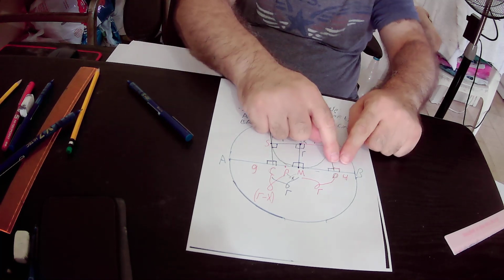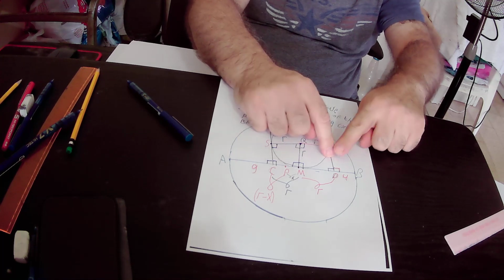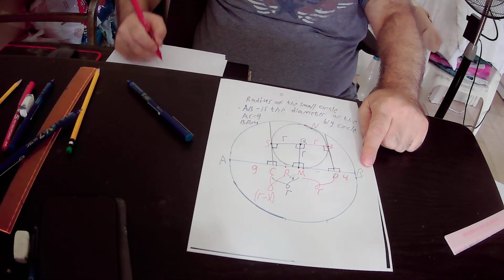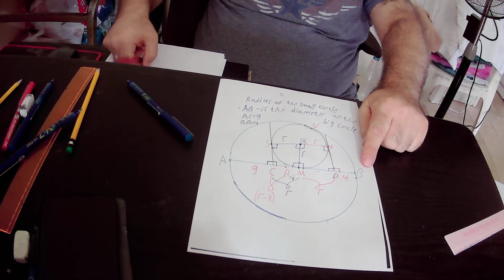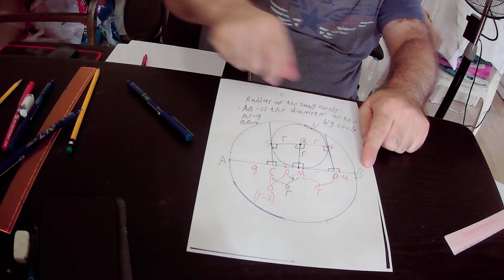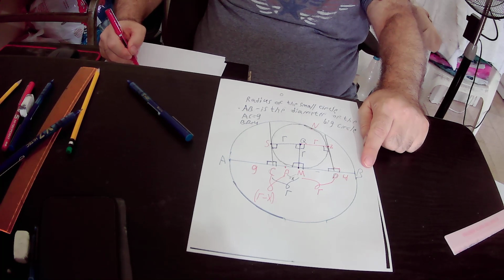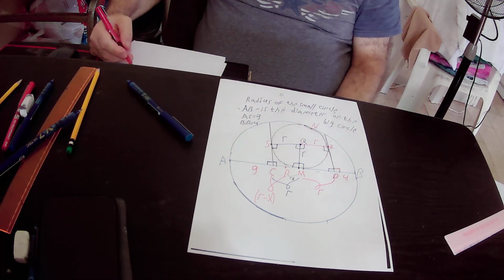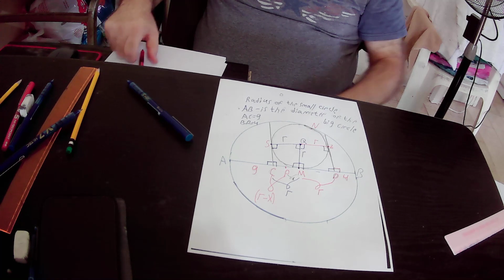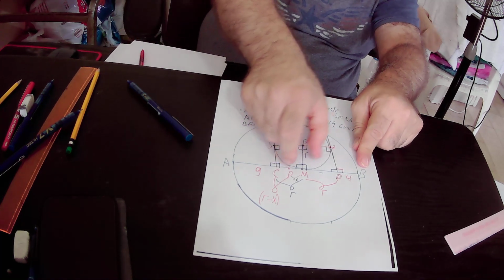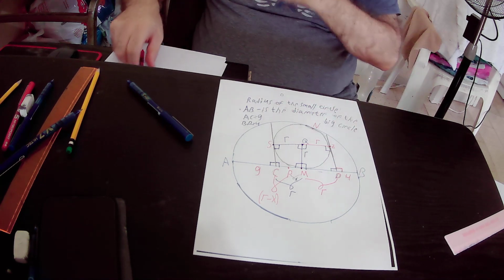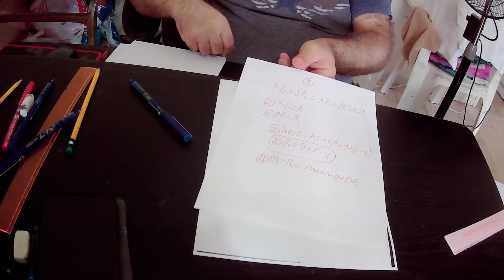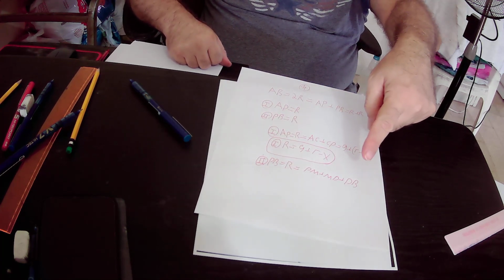PB equals PM plus MD plus DB. According to the drawing, PB equals PM plus MD plus DB.